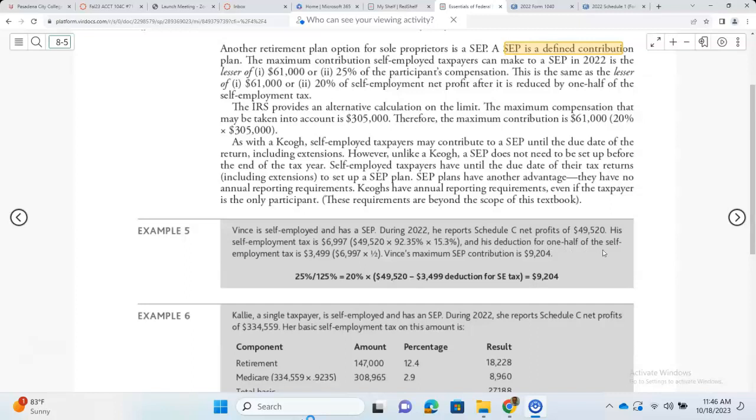His deduction for half of the self-employment tax is 3,499. That goes on Form 1040. That means the maximum SEP contribution is 9,204, which is, again, based on that math, 20% times 49,450, that number, minus self-employment tax, and whatever it is times 20%, that's 9,204.